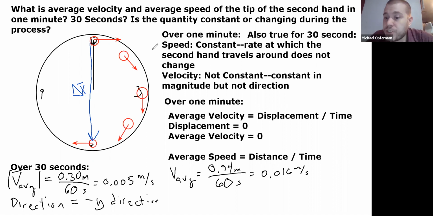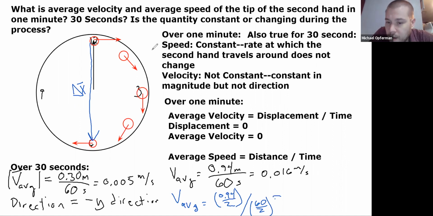For the average speed over 30 seconds, it's actually going to be the same as it is over 1 minute. If you want to recalculate it, you can. You would end up doing 0.94 divided by 2 is the distance traveled, divided by 60 over 2, because it goes half the distance in half the time.